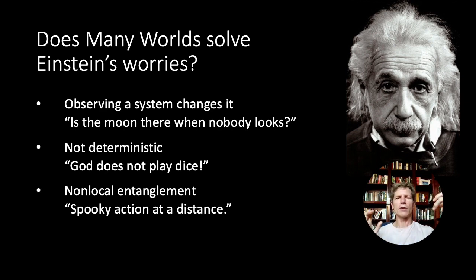You never have doing something at one place instantaneously affecting doing something at another place. It's not till the two things come back together that they start to realize that they are correlated or not correlated in one world or another world together. So interestingly, this does stack up against a lot of these concerns.